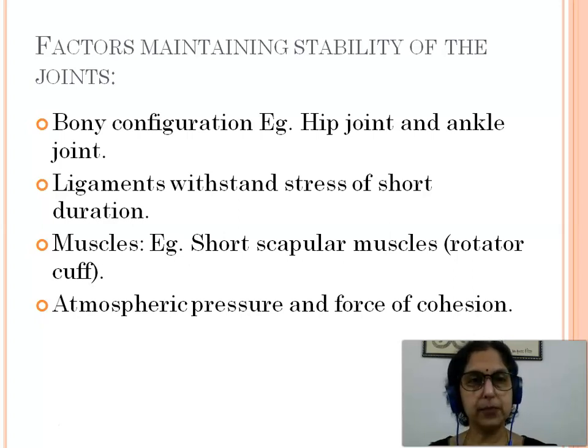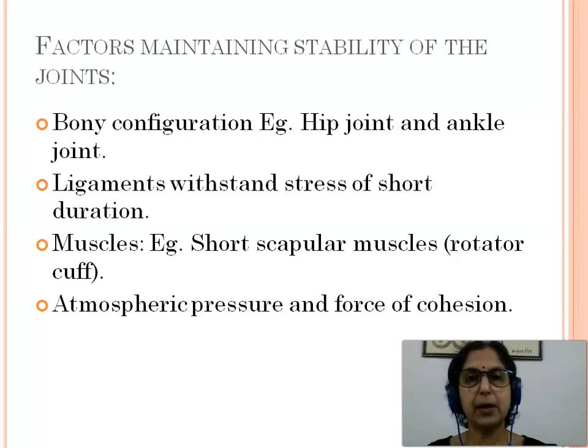We can compare the hip joint here with the shoulder joint. In the hip joint, the bones are congruent enough, the joint is stable, but the range of movement is less. Whereas in the shoulder joint, the bones are not that congruent. The articular surface area of the head of humerus is much more, 4 times more as compared to the articulating surface area of the glenoid fossa of the scapula.